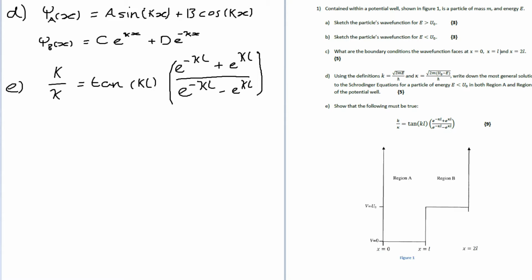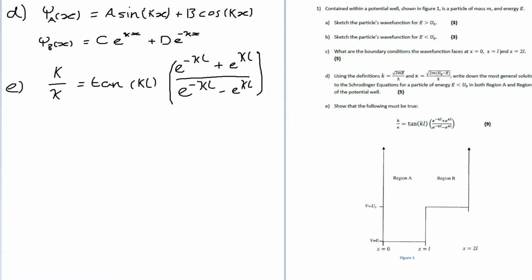The terms in this, we should be able to see that it looks quite familiar. So we've got our k and our kappa here, and we've got all our exponentials, and this is a tan, which is just sine over cos. So this looks a lot like our definitions up here for our Schrödinger equation solutions, just sort of stuck together.